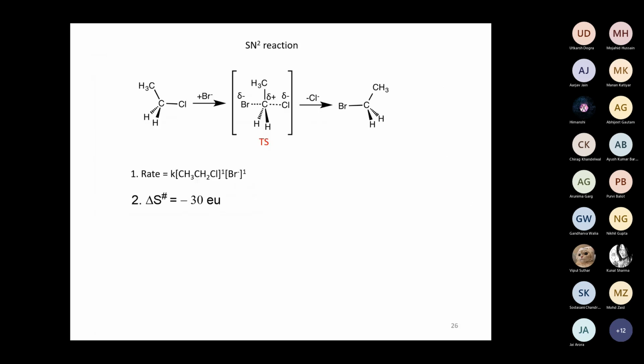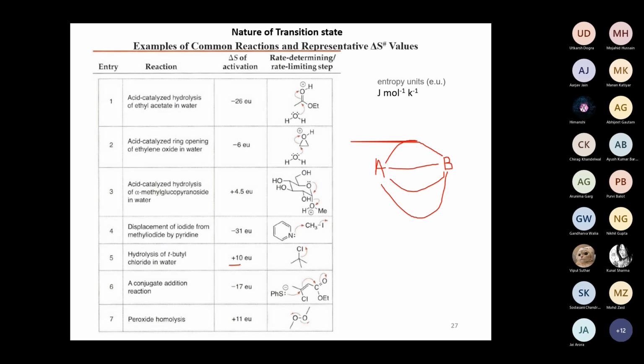Suppose in SN1 type of reactions, it can be SN1, it can be SN2. Yeah, so we can verify via experimental results. You cannot verify. No one will believe that, okay, this is the mechanism. That's why I'm asking you, what is the definition of a mechanism?